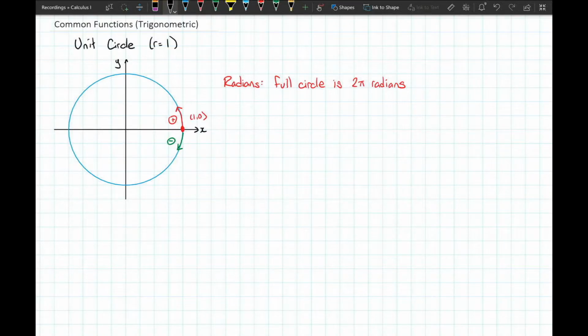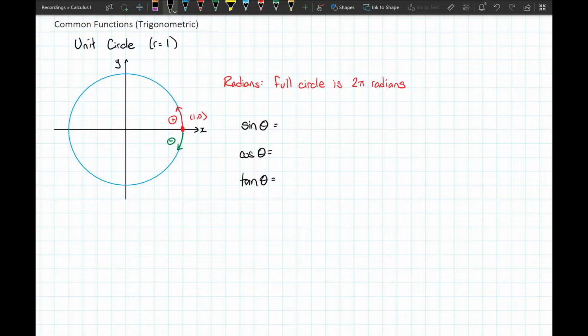Now we'll define 3 basic trigonometric functions in terms of the angle. Let's say that the angle is theta, but of course you could use any angle. And remember that when we're talking about a unit circle, angle and distance around the circumference mean the same thing. Okay, so the basics here are sine, cosine, and tangent.